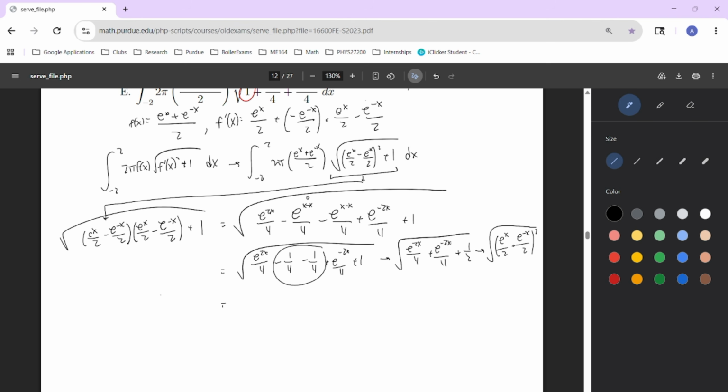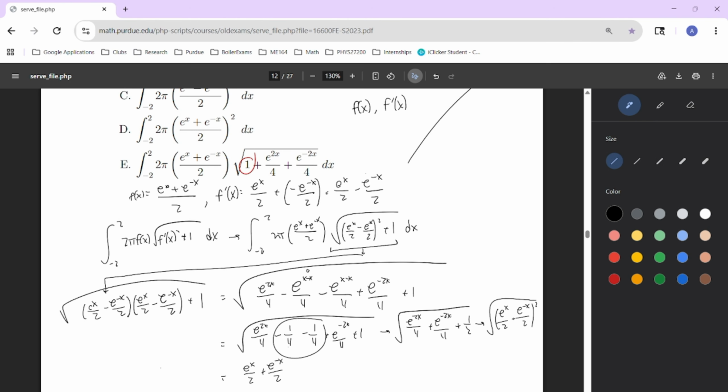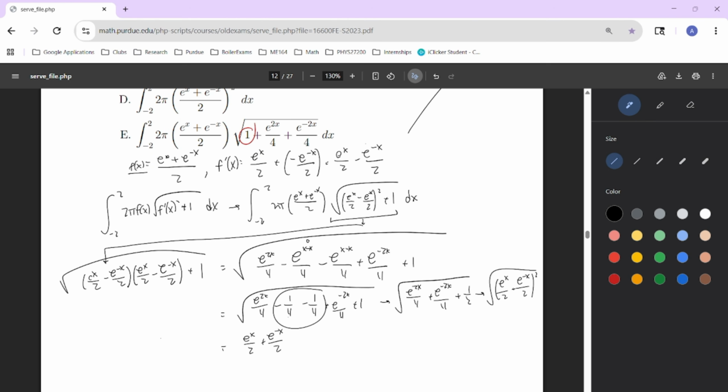That, in fact, simplifies down to e to the x over 2 plus e to the negative x over 2, taking out the square root. And as you might notice, that is in fact just f of x in this case.